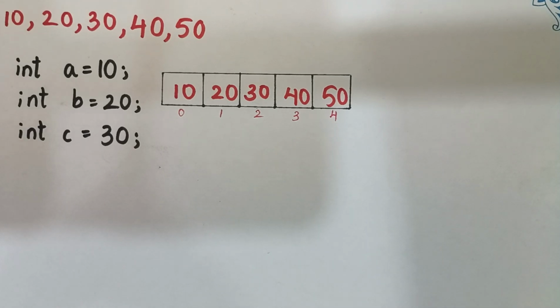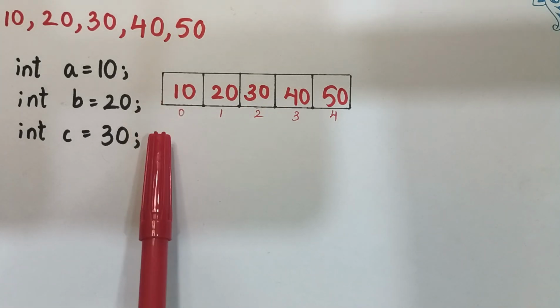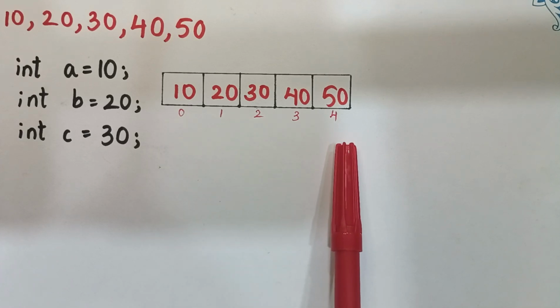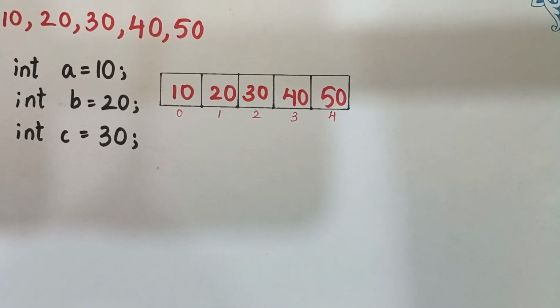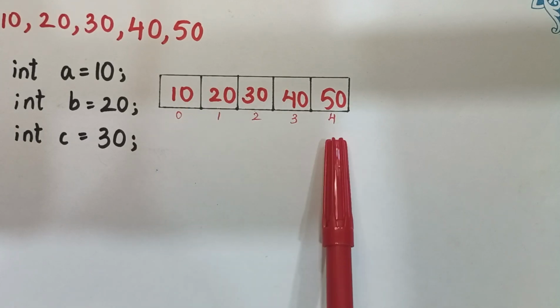You can see that the length of the array is 5. That is, the length of the array is equal to the number of elements that are stored in the array. And index positions always start from 0 and end at length minus 1.